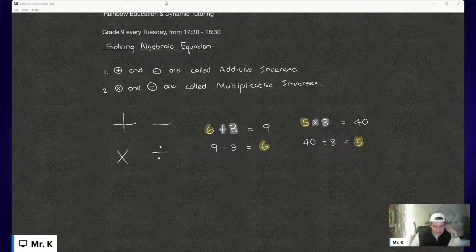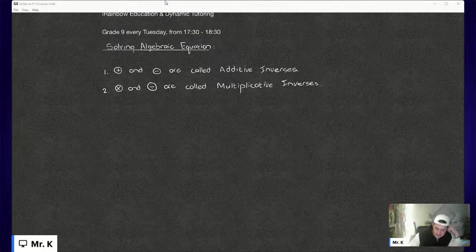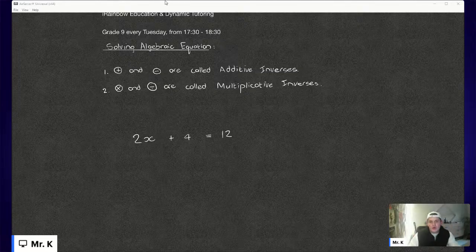So when we understand that these sets of operations have inverse effects, if I'm given an equation like 2x plus 4 is equal to 12, how would I solve an equation like this? First things first, you must recognize that it's an equation, right? Because we have an equal sign in between two different expressions, no matter how complex or simple they might be.